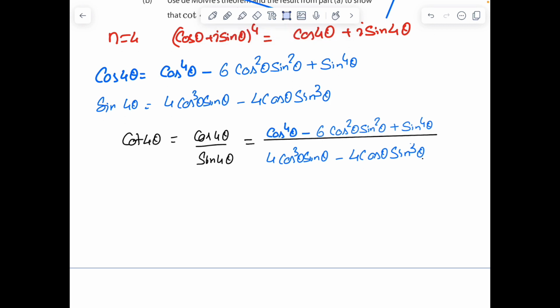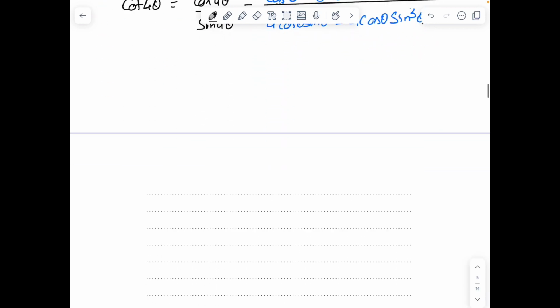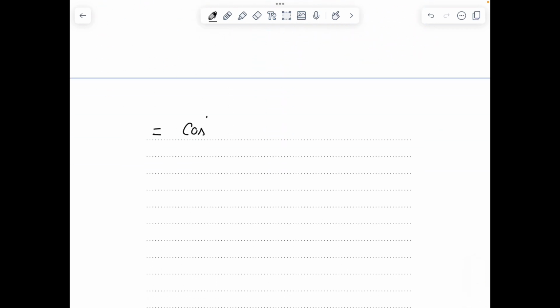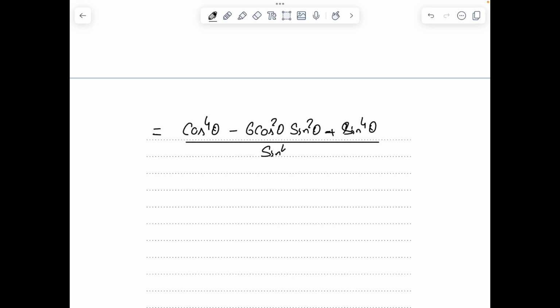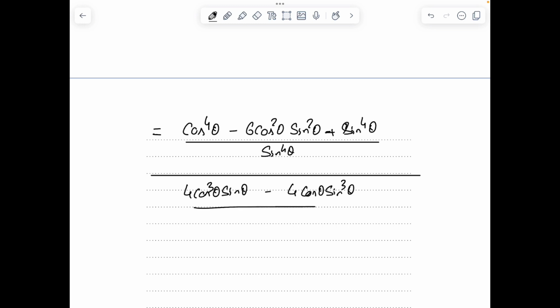So I write cos power 4 theta minus 6 cos square theta sin square theta plus sin power 4 theta, divided by sin power 4 theta, total divided by 4 cos cube theta sin theta minus 4 cos theta sin cube theta divided by sin power 4 theta.